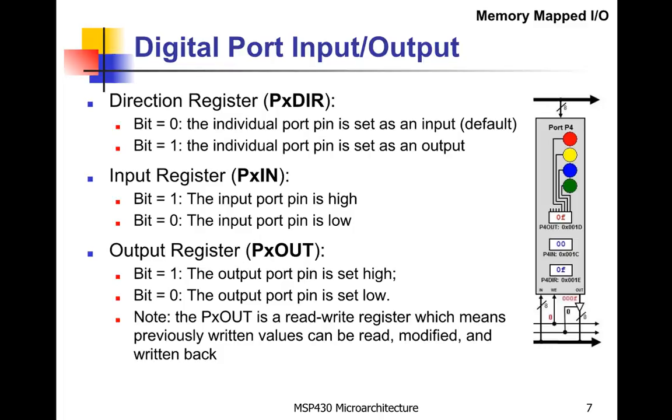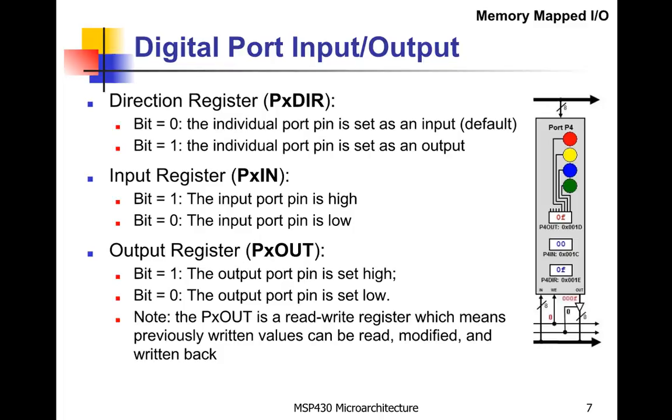how a digital I/O port works. So there's this thing called the data direction register, and you might have a number of ports. In general, the TI documentation puts an X in for those things. So if you look at PXDIR, that X could be a 0, 1, 2, 3, 4, how many ports you've got, and it depends on which processor you're using.